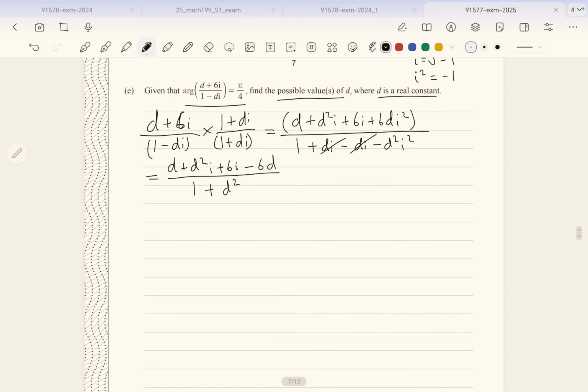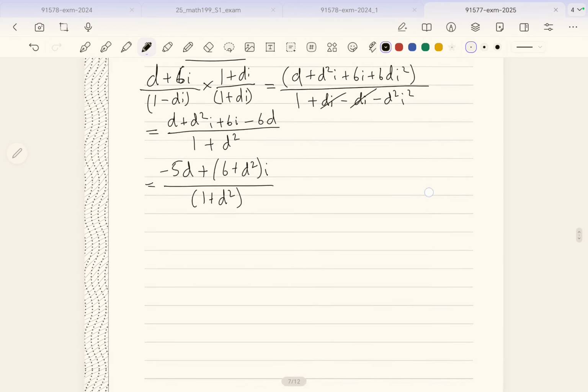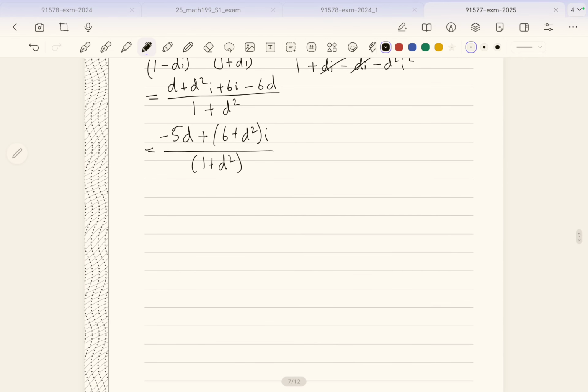Grouping all real and imaginary parts together, we get -5d + (6 + d squared)i, all over 1 + d squared. Now what I'd like to do is split the denominator across the real and imaginary parts.